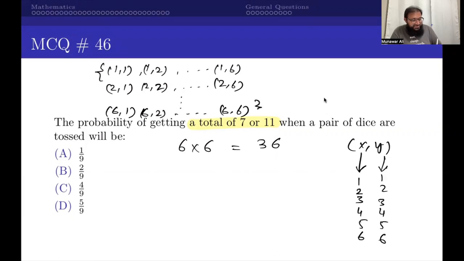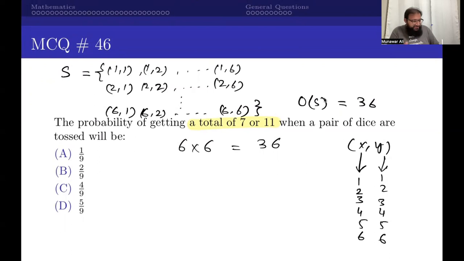So these are total... if this is S, then the order of S is going to be 36. Now, how many of these give us the sum of 7 or 11? So we can write the possibilities. What are the possibilities for the sum to be 7?